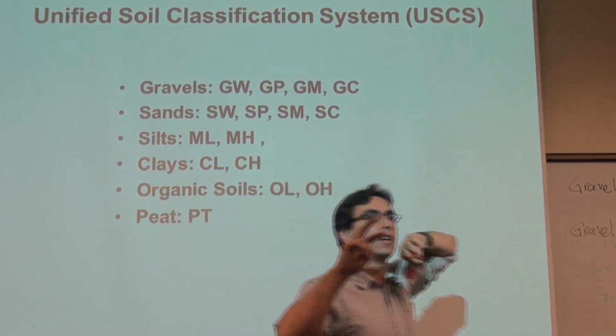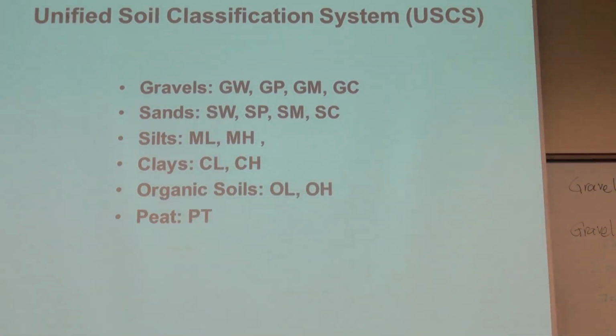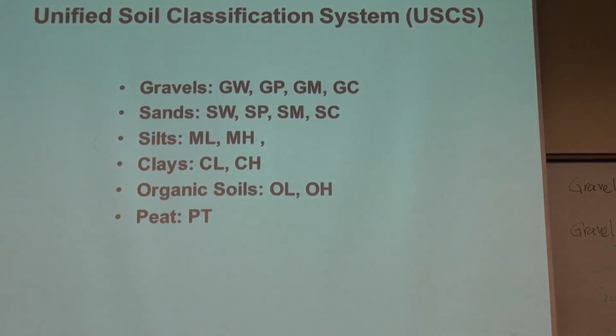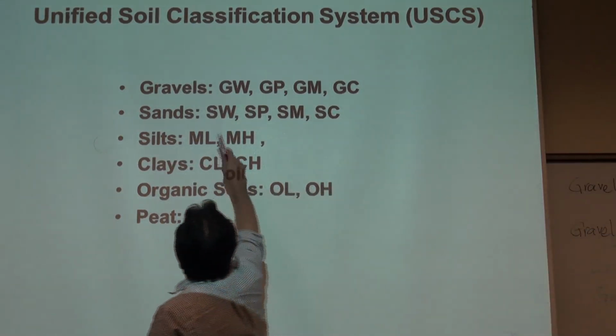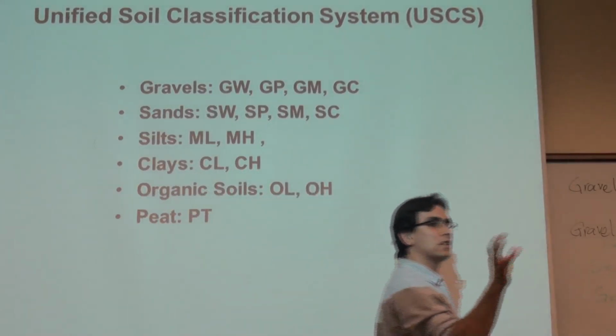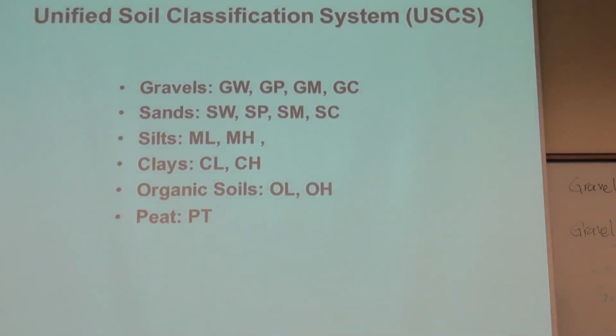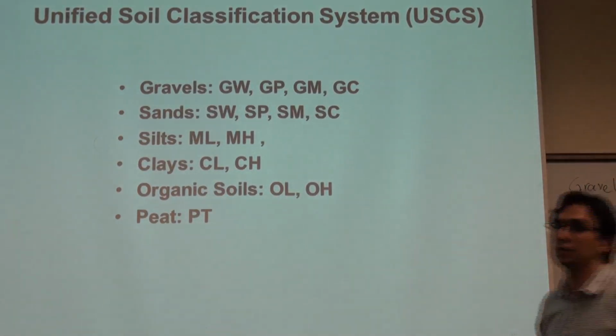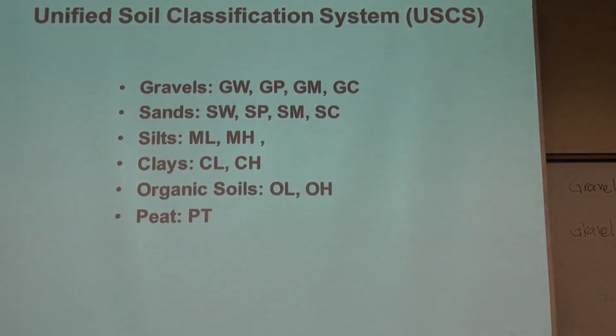When you deal with dual symbol soil, the first symbol is just for the coarse grain, the second symbol is for the fine grain. So you will have something like, for example, SW-MH. It means that the coarse grain is well-graded sand, the fine grain is silt with high plasticity.